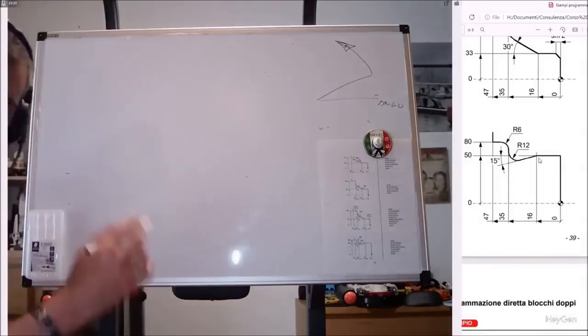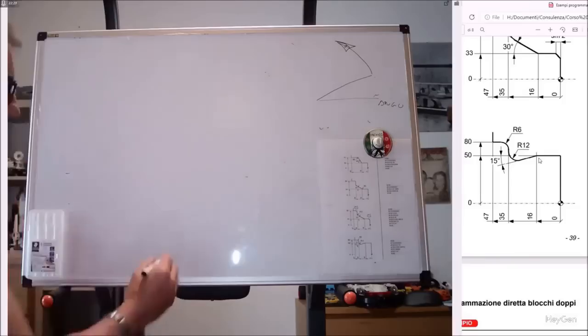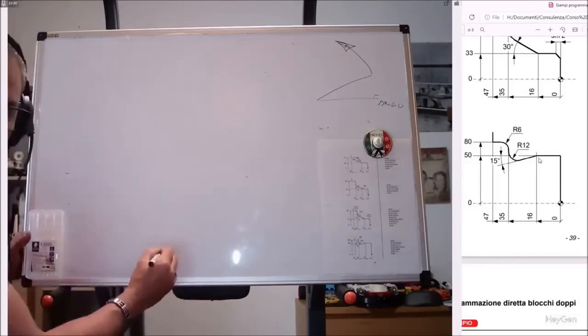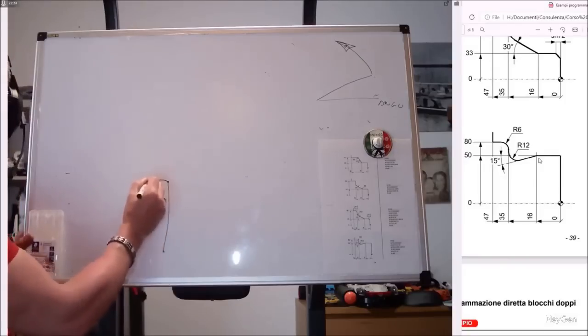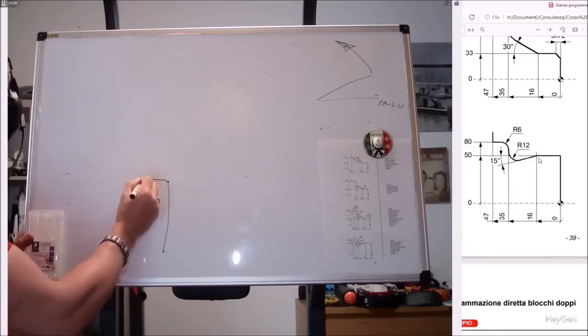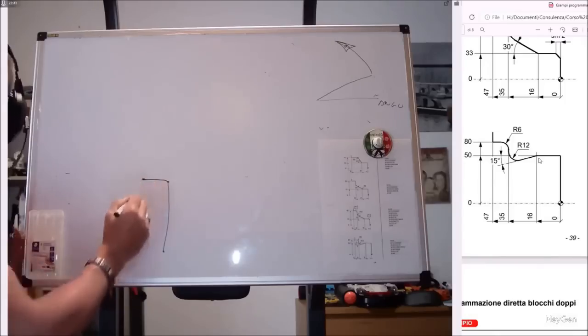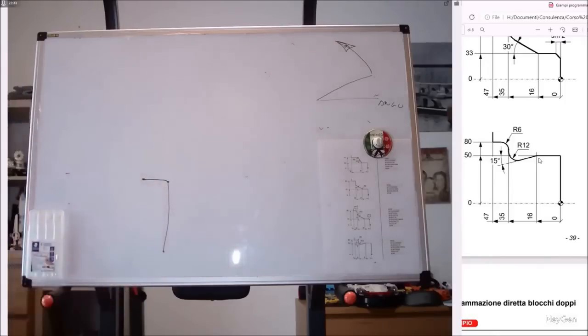We can draw it. Let's do it: X0, Z0, rise to X50, move to Z minus 16. We have 15 degrees that we need to descend to.